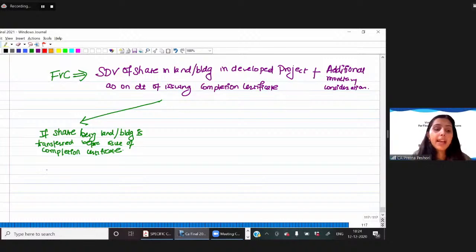Taxability will be as per 45(1). Then it will happen as per normal provision, capital gain under section 45(1), in the year in which transfer takes place.